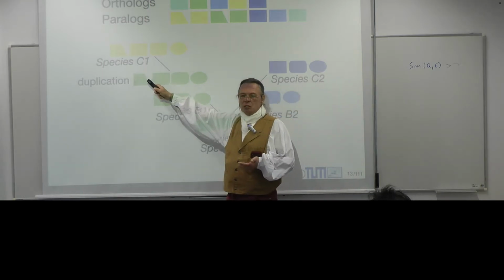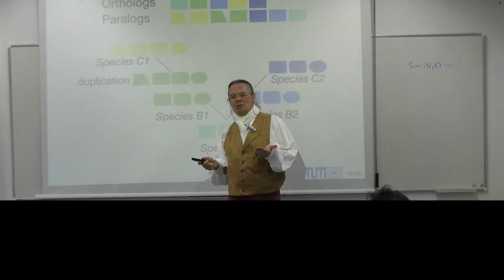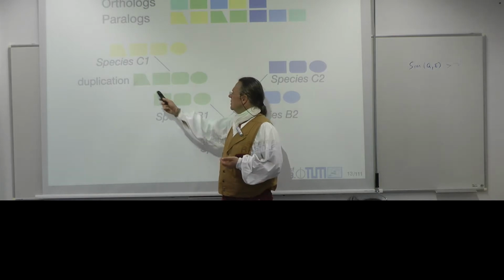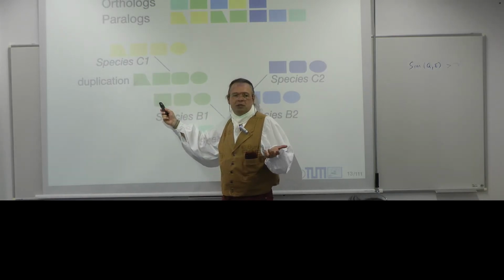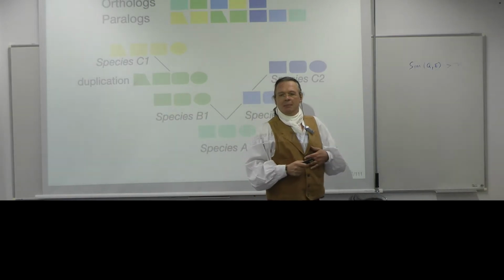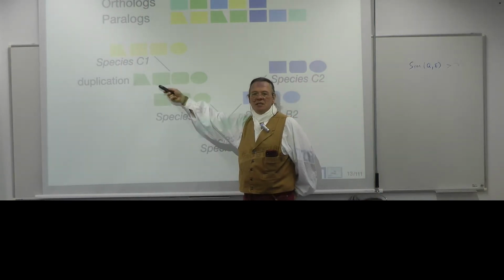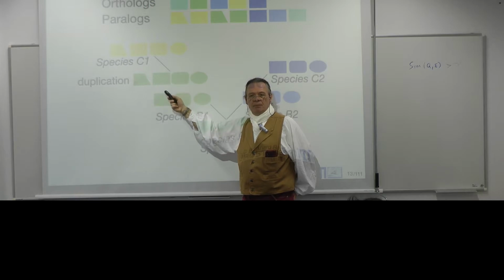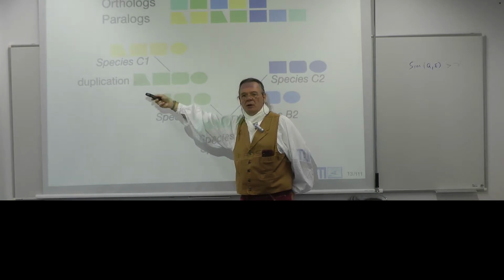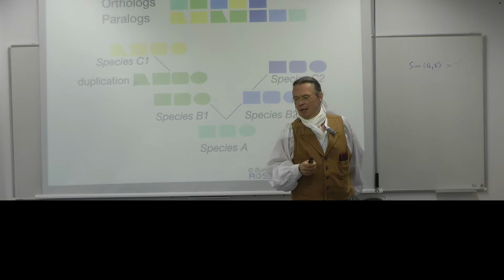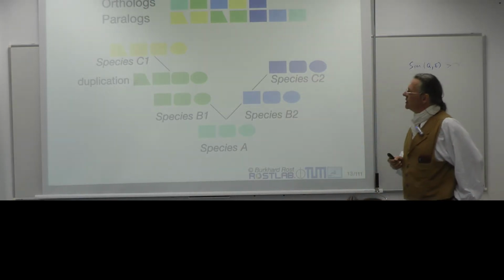The moment I have a duplication here, I no longer know about this function. Possibly this protein is still similar to this one because it comes from there, but it is no longer constrained to have the same function, because whatever you need this function for is already done by these 3. Right? You don't need the duplicated version. So it somehow is free to evolve.